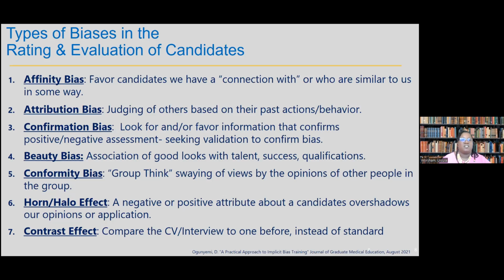So the first is affinity bias. This is our tendency to favor candidates who have a similar connection or a shared experience that we may have. And so we have to be mindful of that as we're rating and evaluating candidates, whether that's in the selection process, the interview process, or ultimately the ranking process.